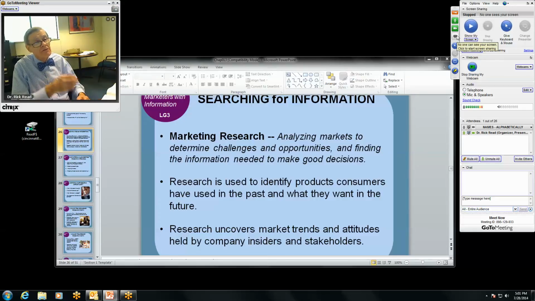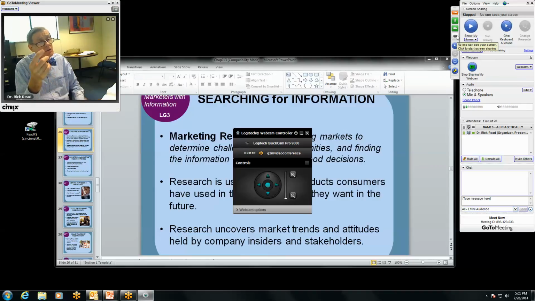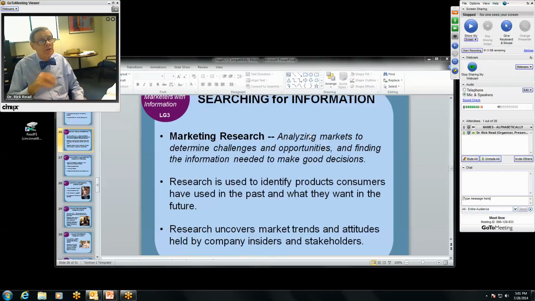But it is very, very important because what it says is you have to find your market, and then you have to figure out what's in that market that is going to be beneficial to you and what pitfalls you need to stay away from. So notice it talks about determining challenges and opportunities.